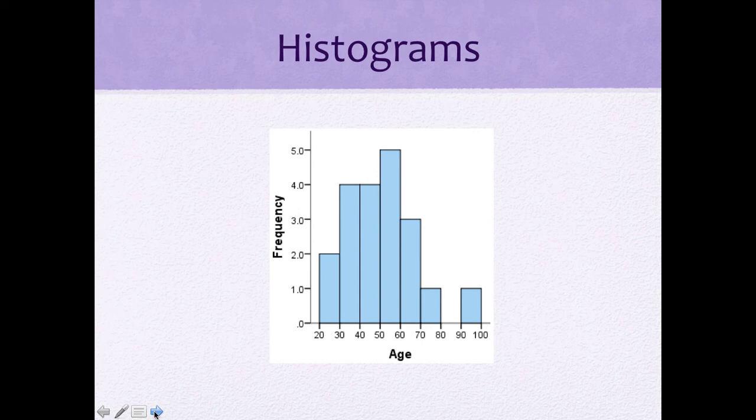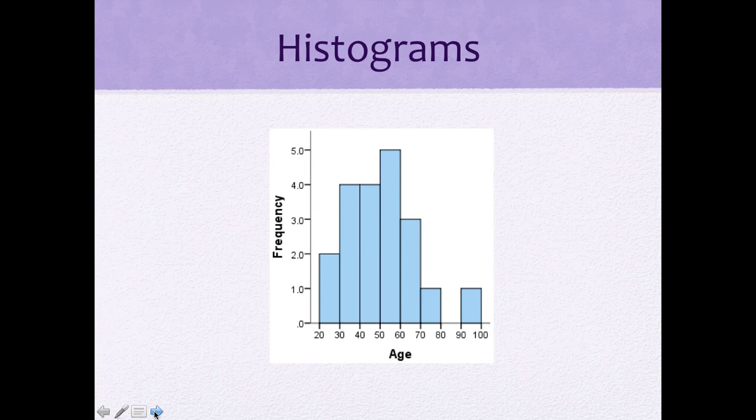The other piece that's key to a histogram is you have some sort of piece of information you're collecting data on, for example, in this one, age. And then frequency is always the label on the y-axis. And frequency is how many pieces of data you have in that bar. So, for example, in this one, there are 2 people between the ages of 20 and 30 in this data set.